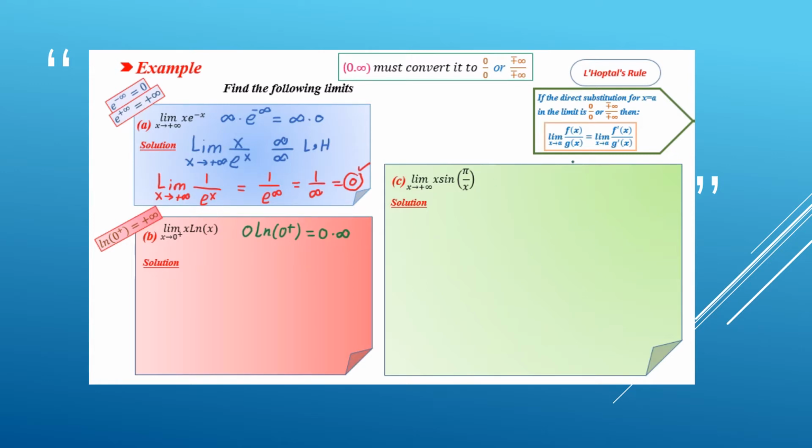So we cannot apply L'Hopital's rule directly, and you have to convert this function as a quotient of two functions. We can write x down, but you have to convert it as 1 over x. So it will be the limit of ln x divided by 1 over x when x goes to 0 from the right.